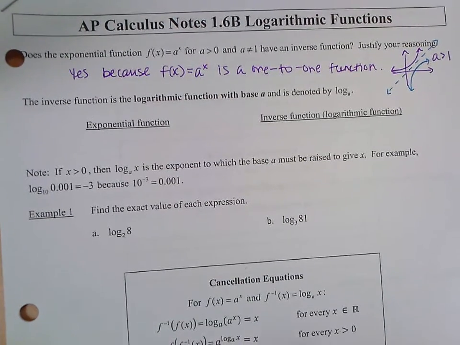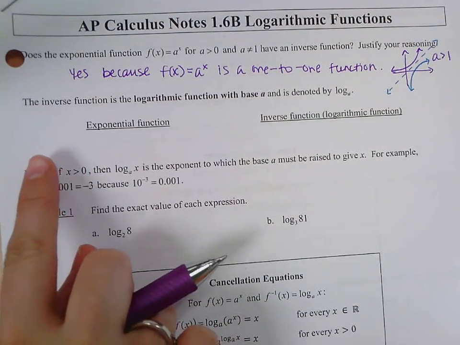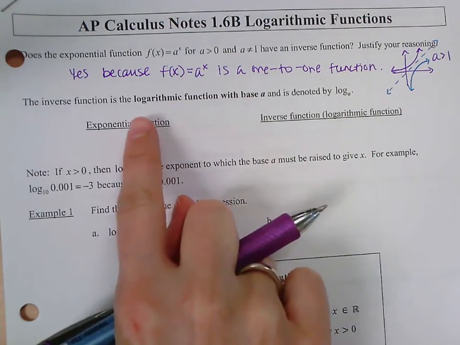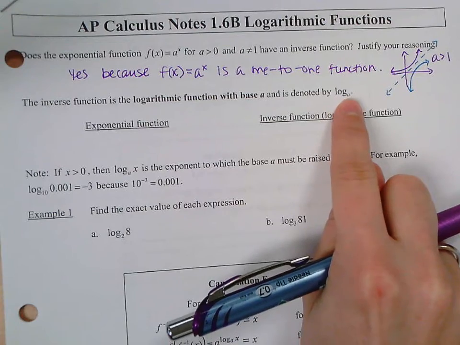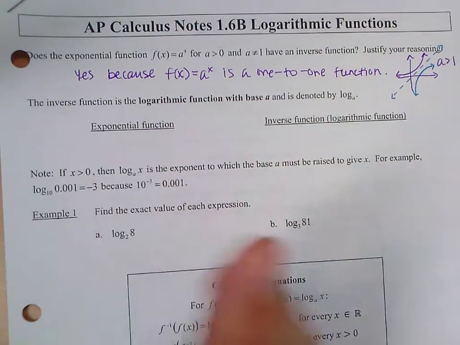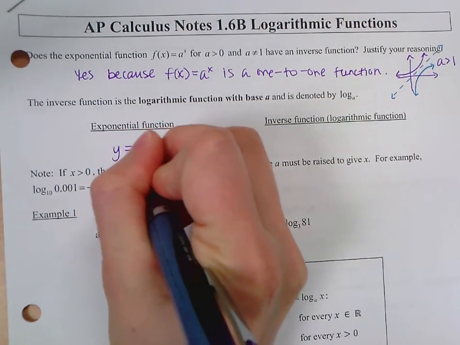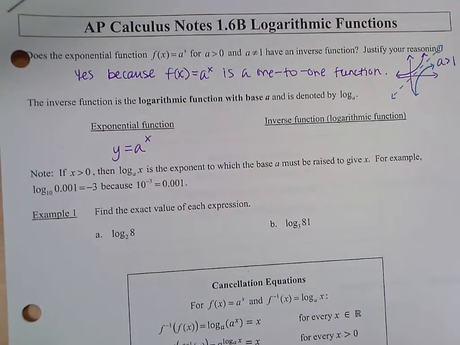So then I have on here, we call this the logarithmic function with base a. This is how it's notated, log, and then you see the base a there. For an exponential function in the form y equals a to the x, we talked about yesterday how with inverses, you switch the x and the y.